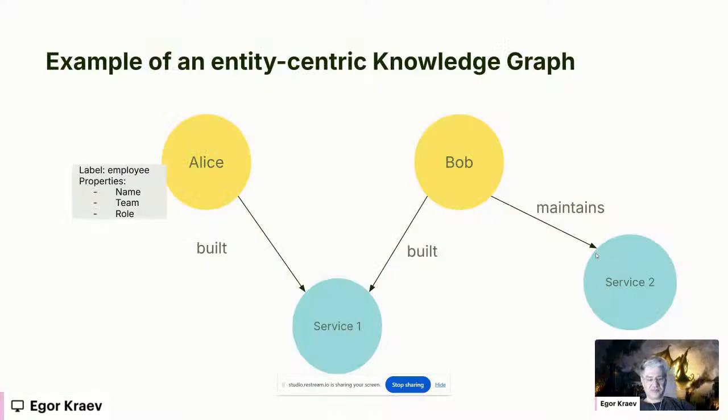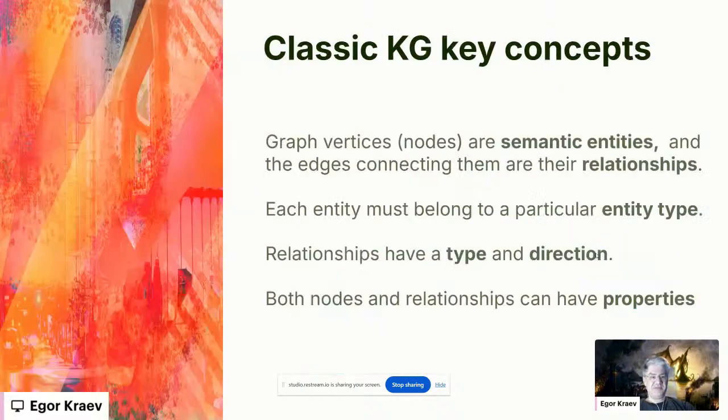The first case are the classical knowledge graphs. So you have entities, which can be, for example, people or microservices, and then Alice built service one, Bob also built service one or participated in building it. Bob maintains service two. So that kind of representation.